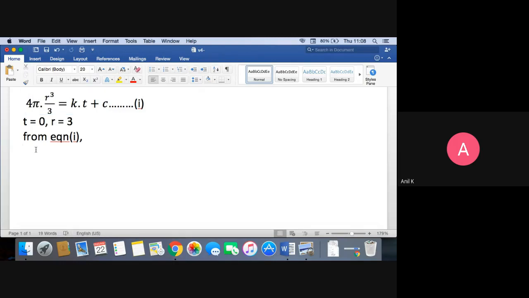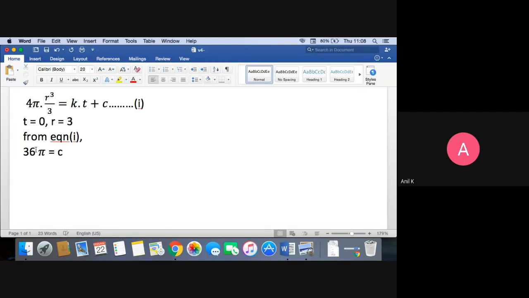I am writing it directly, you can do your calculation. So it will come as 36 pi equals, if I substitute t equals 0, k into 0 is 0, only c will be left. So I got the c value as 36 pi.